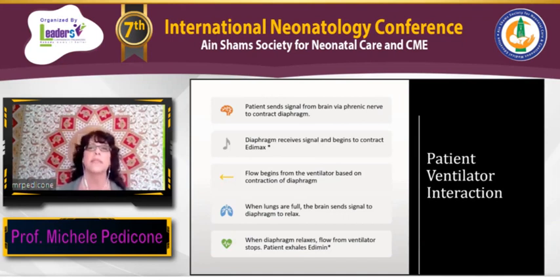And when the lungs are full, the brain sends the signal to the diaphragm to relax. And when the diaphragm relaxes, the flow from the ventilator stops. And then the patient exhales to what in NAVA terminology is called the EDI min, so basically the minimum amount of work that the diaphragm has to do. So, diaphragm at rest.